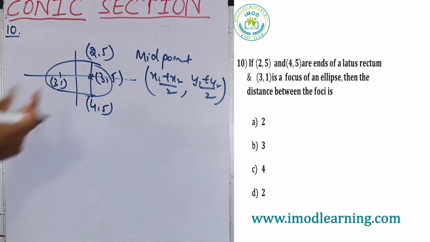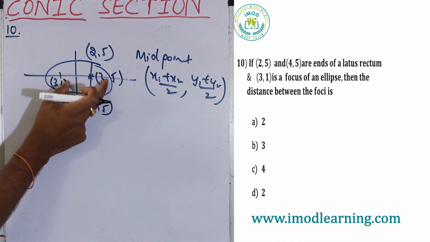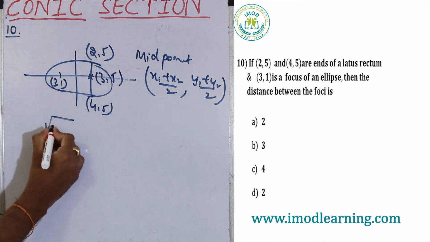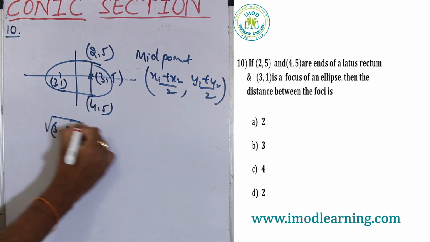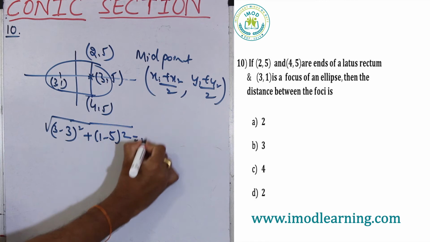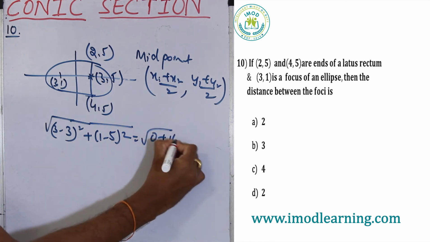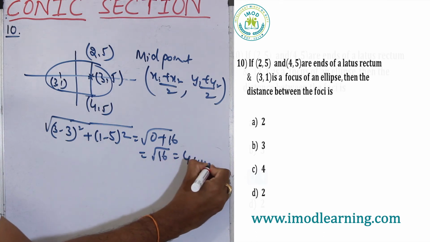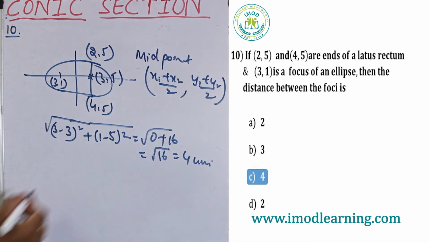Again, using the distance formula, you can find the distance to the focus. So 3 minus 3 whole square plus 1 minus 5 whole square, which is equal to 0 plus 16, which is equal to 4 units. Answer will be C.